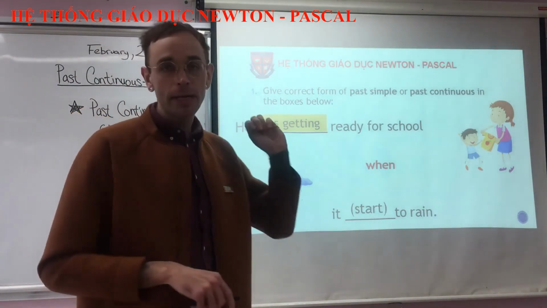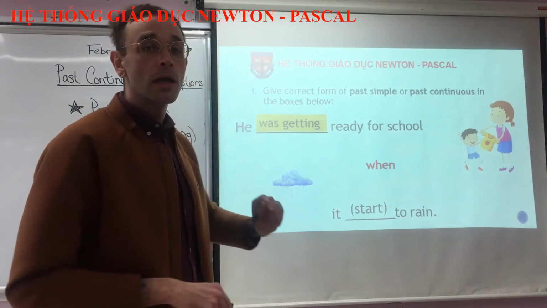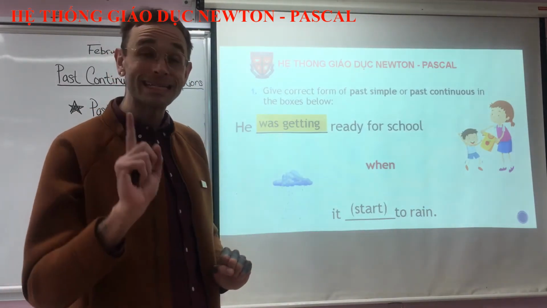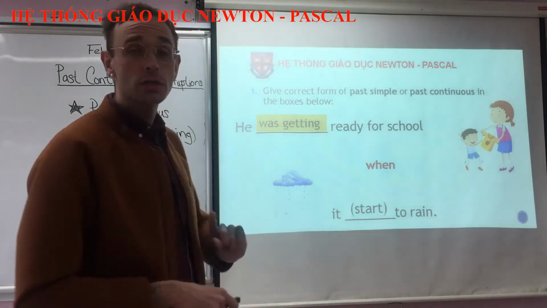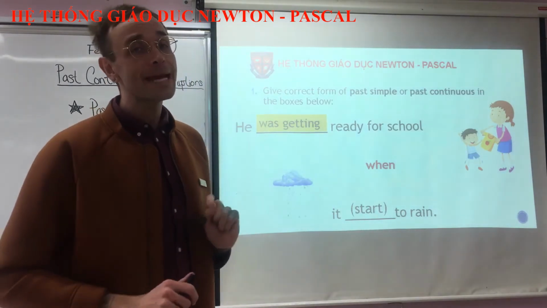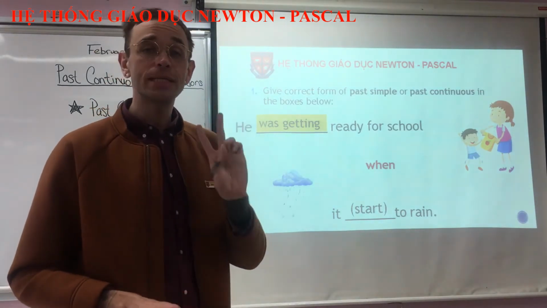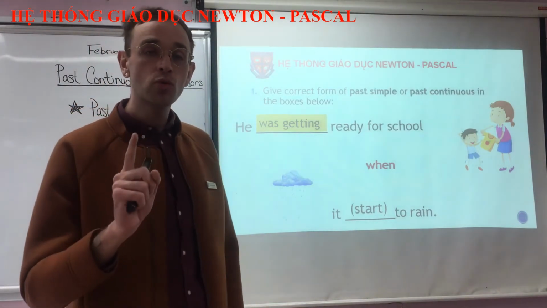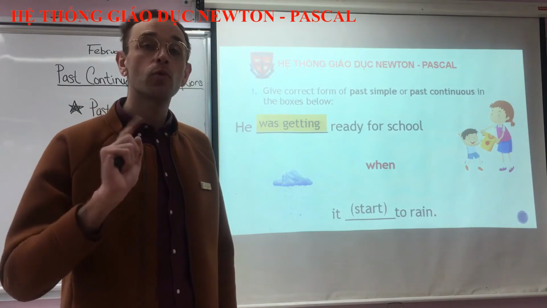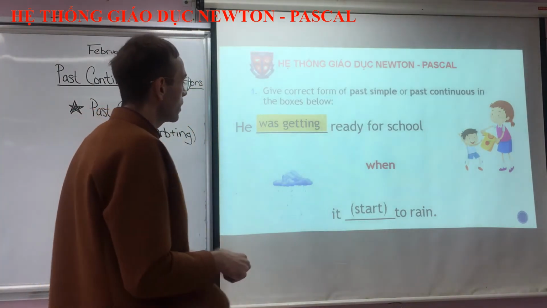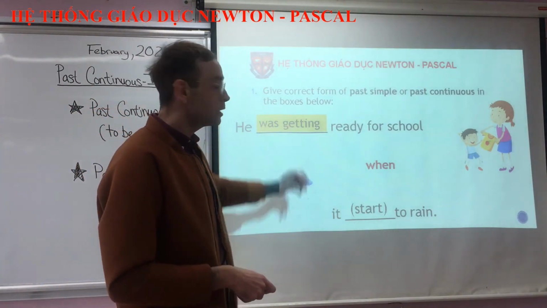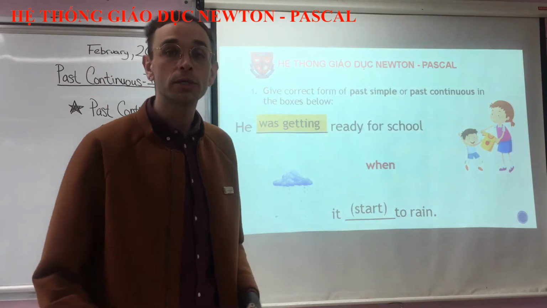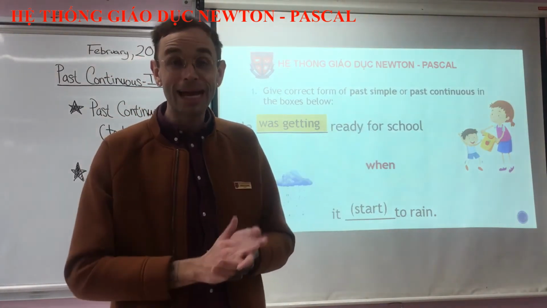And you might have noticed that the verb getting does not have just one T. The verb getting has 2 T's. Do you remember why that is? Do you remember the rule? Well, the rule is, remember, if we have a one-syllable word, a word with just one clap, get.